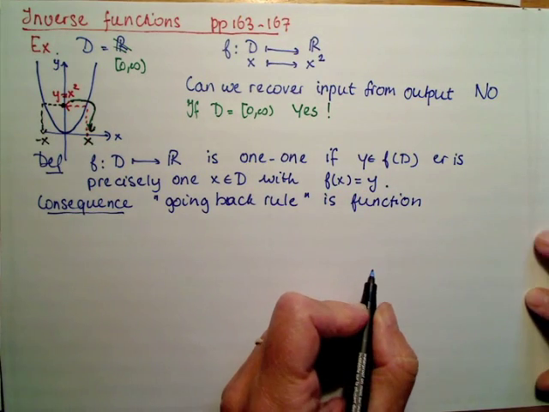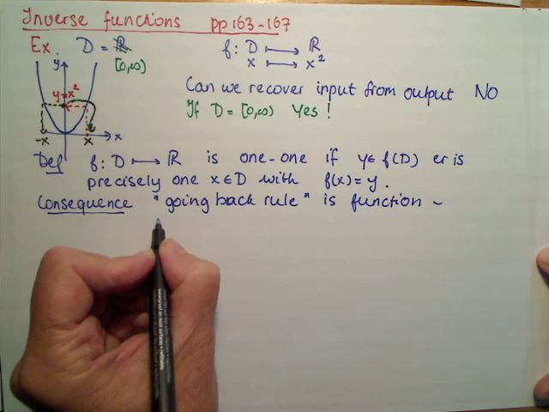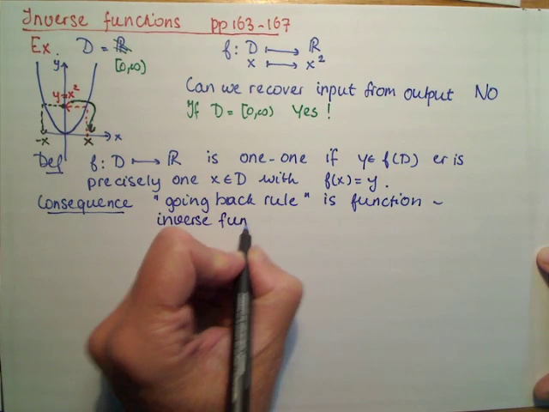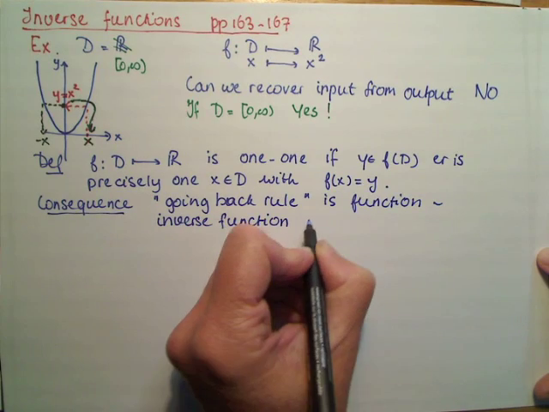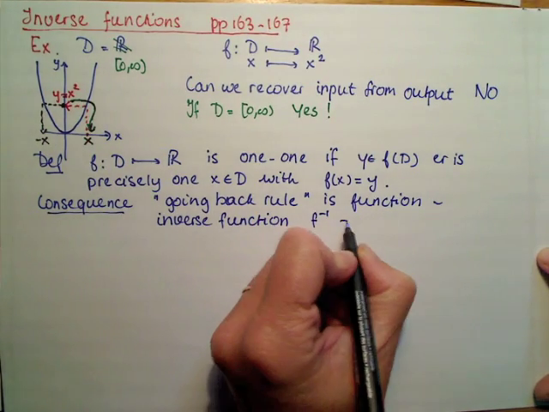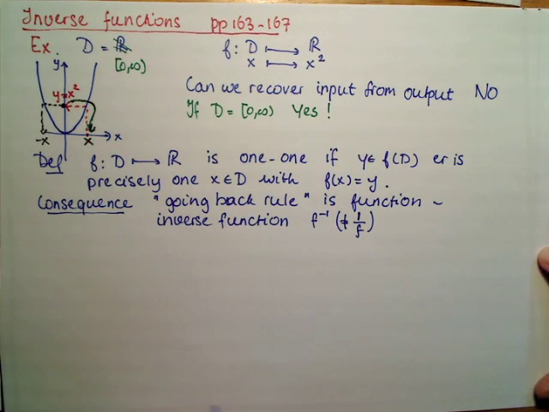Now this going back rule function is called the inverse function. We denote this inverse function by f minus 1. So this is clearly not equal to 1 over f. So this is a warning. When we specify a function, we have to specify on which set it is defined.